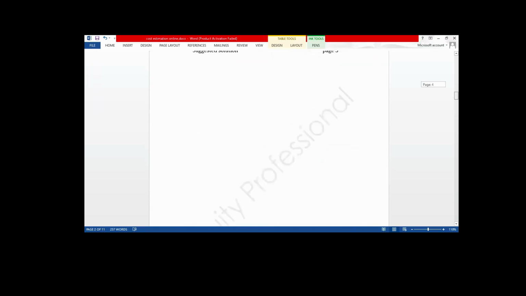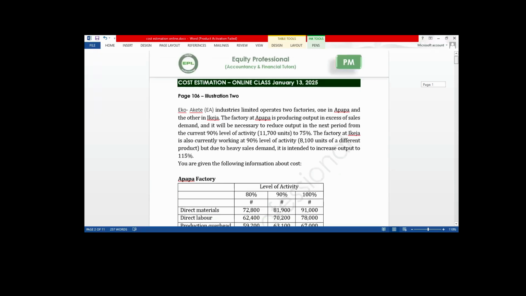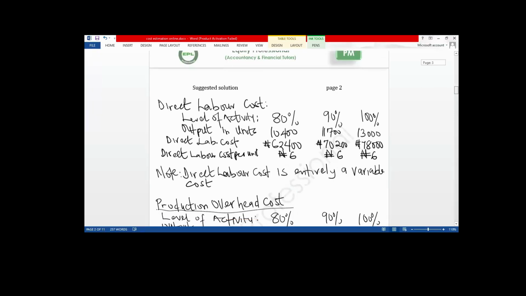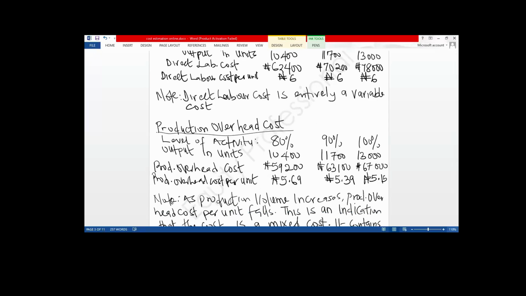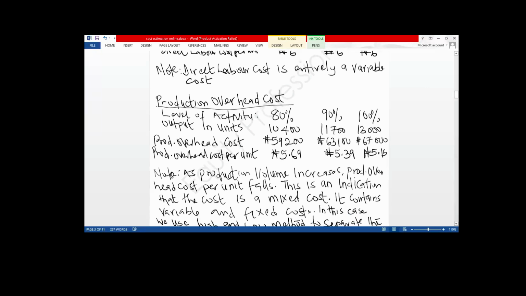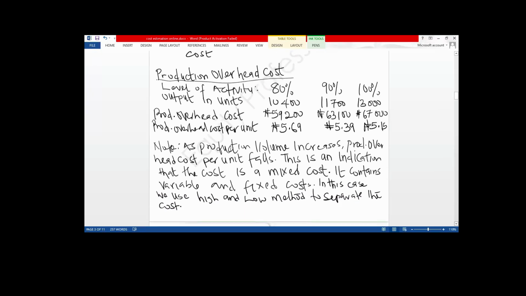All right. So we have taken a note now that our production overhead is a mixed cost. It contains elements of variable cost and fixed cost. Once you have a mixed cost, you have to separate it into variable and fixed compartments.